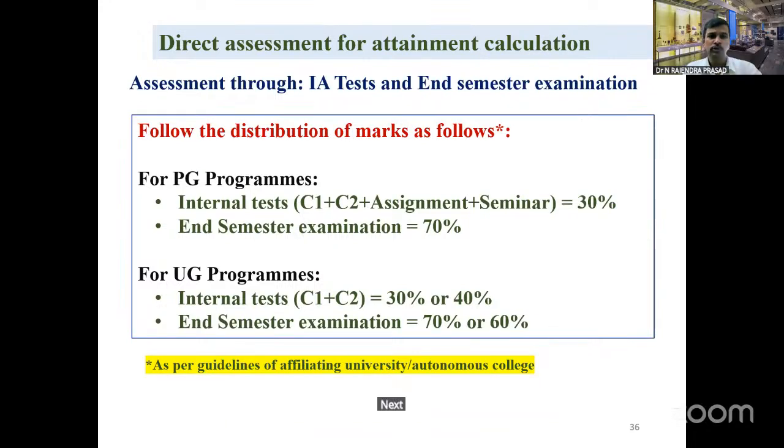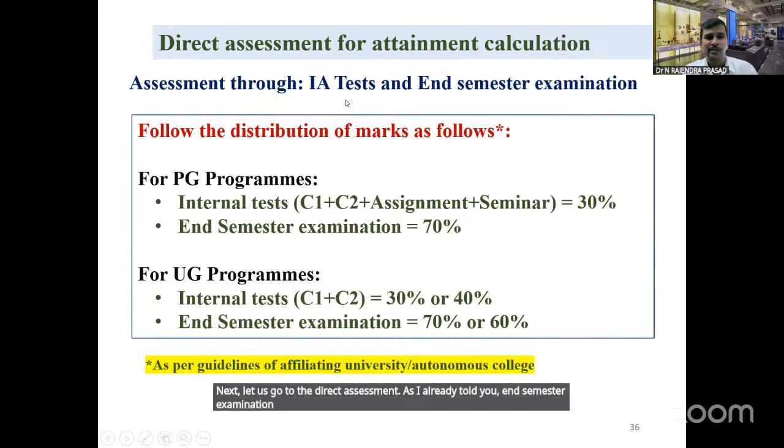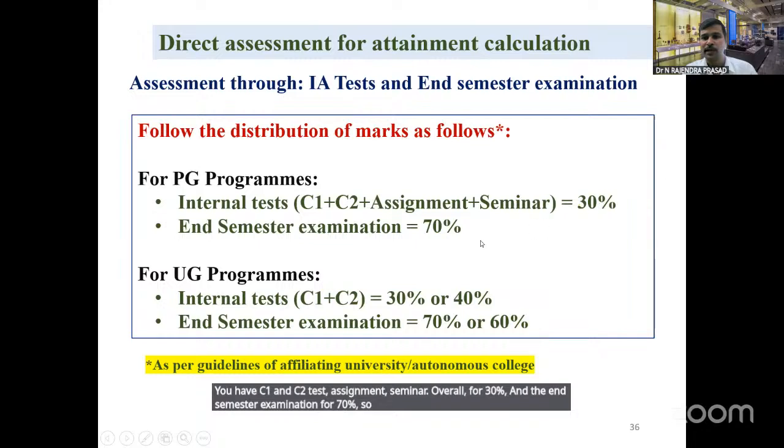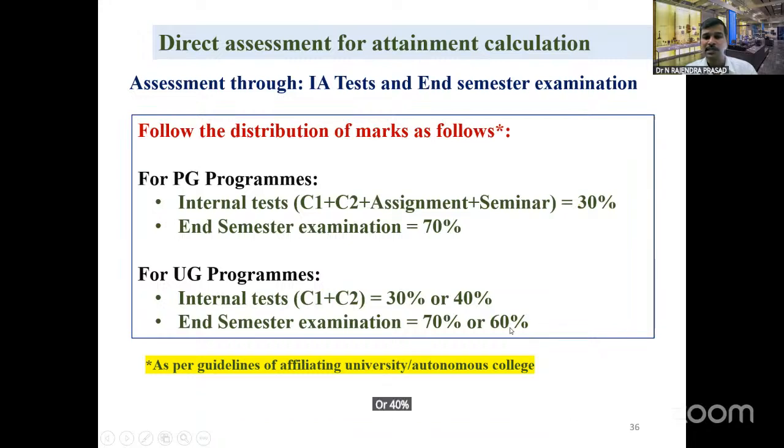Next, let us go to the direct assessment. As I already told you, end semester examination and IA tests are there. You have C1, C2 test, assignment, seminar, overall for 30%, and end semester examination for 70%. So 30 marks for internal test and 70 marks for end semester examination. Or 40% for internal test, 60% for end semester examination.